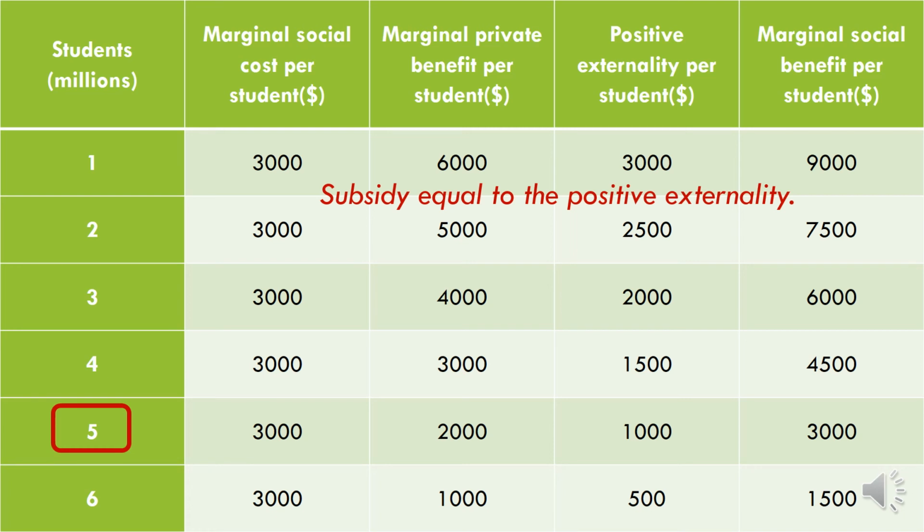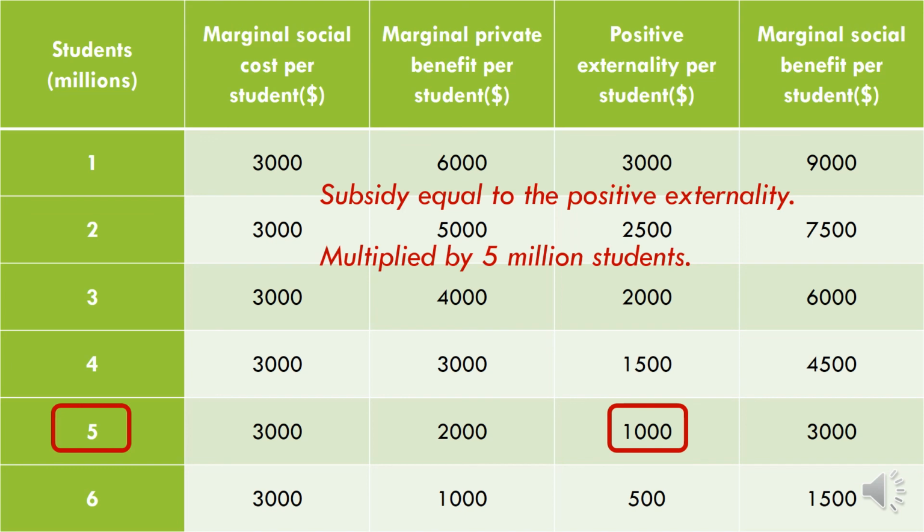So it's a subsidy paid to people who will enrol in education. And as we can see, at the level of 5 million students, that positive externality is 1,000 per student. So the government will be paying a subsidy of $1,000 per student in this hypothetical example to encourage enrolment to increase from the market outcome to the socially optimal outcome of 5 million.